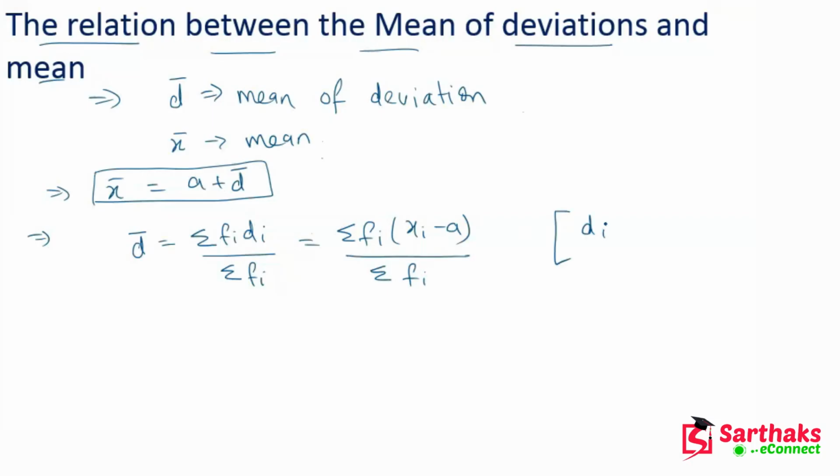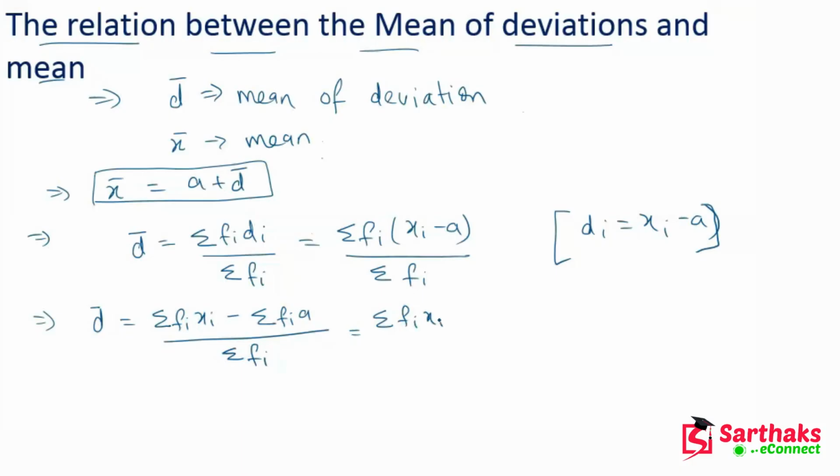We already know di is equal to xi minus A. And A is our assumed mean. So now here d bar is equal to summation of fi xi minus summation of fi into A divided by summation of fi. Now we have to separate it. We get summation of fi xi divided by summation of fi minus summation of fi A upon summation of fi.